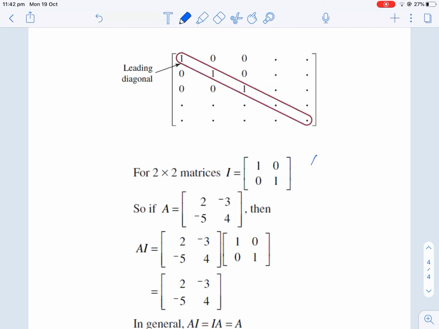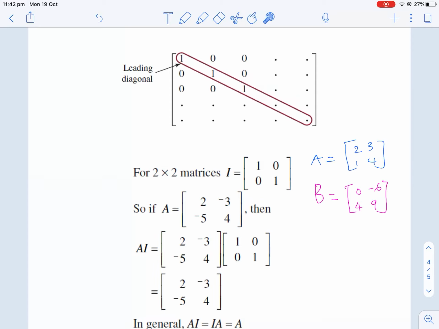For example, you have A equals 2, 3, 1, 4. This one is a square matrix, and its identity matrix is this one. Or if you have B equals 0, negative 6, 4, 9, then the identity matrix of B is also this one.